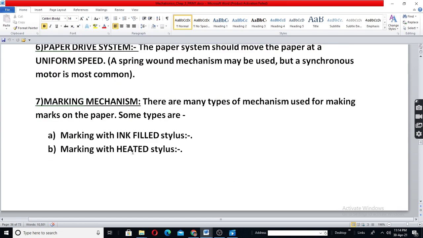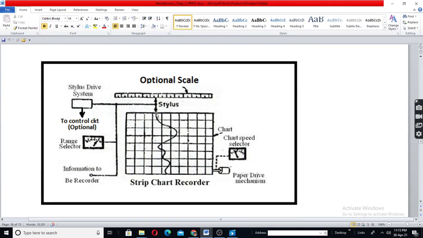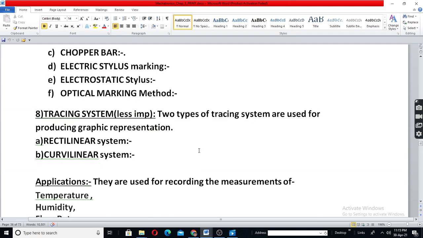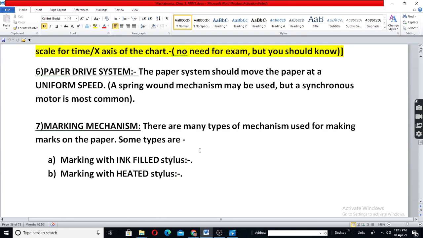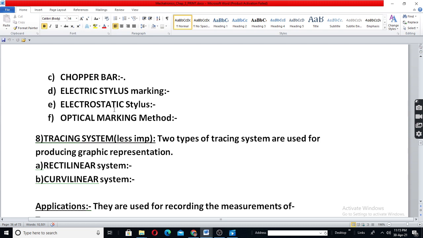It may be an ink pen on any paper, or a heated point on a heat sensitive paper. Other things are there. No need. You understand those two.